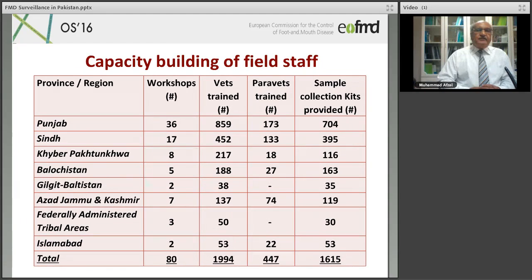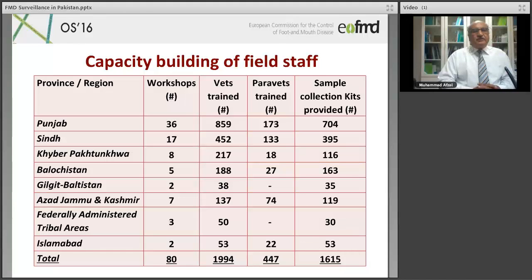The next activity we carried out was building the capacity of the field veterinary staff. We organized about 80 training workshops throughout Pakistan and trained more than 2,400 field veterinarians.